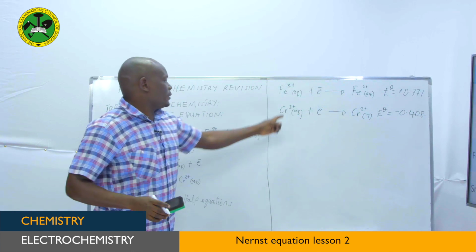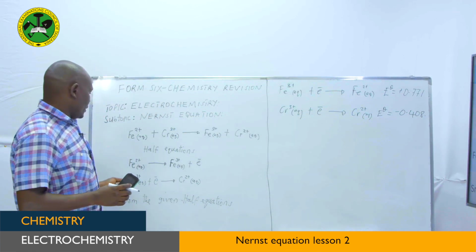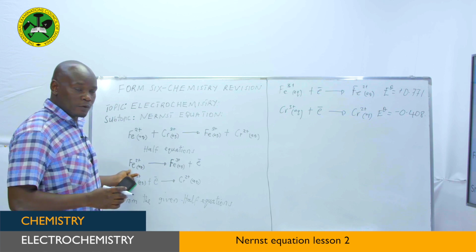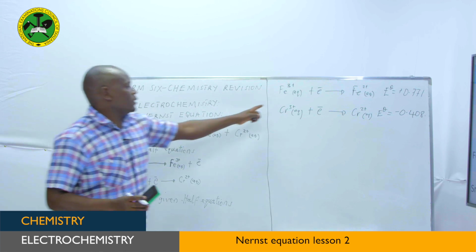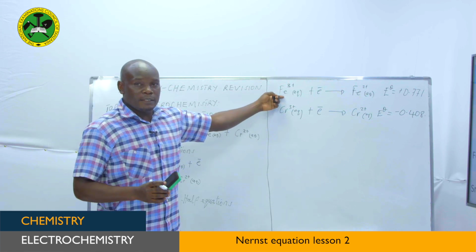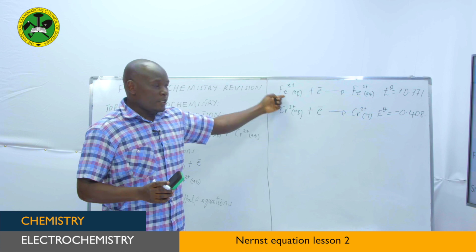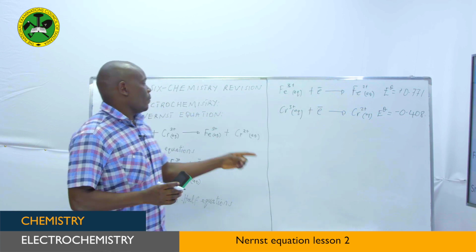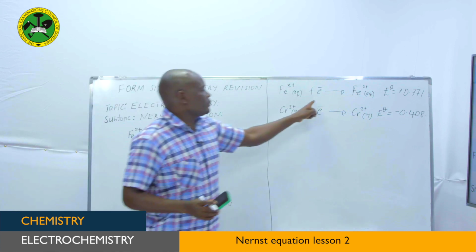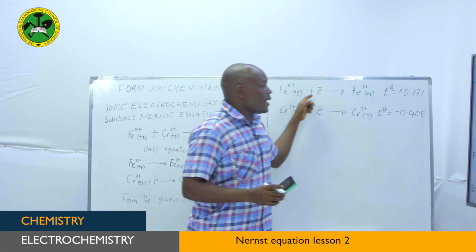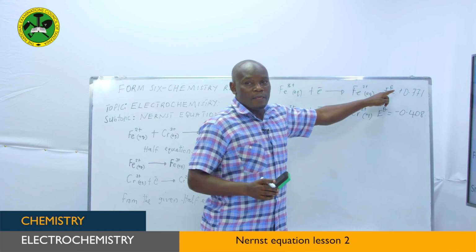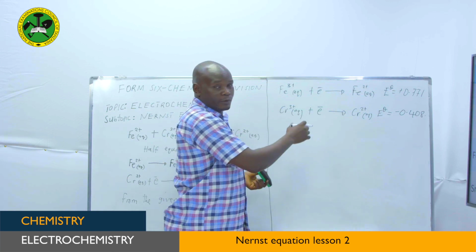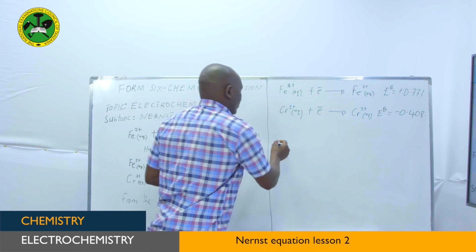Now, in comparison, the half equation from our given equation for iron is opposite to that of the reduction half cell equation that we have been given. So now the standard electrode potential for iron will change its sign from positive to negative. So if it's from positive to negative, now we can convert.